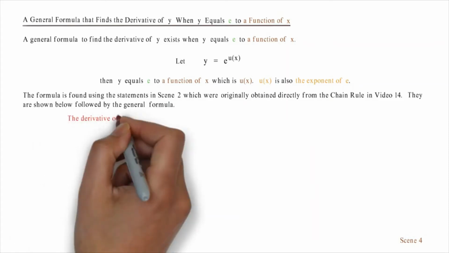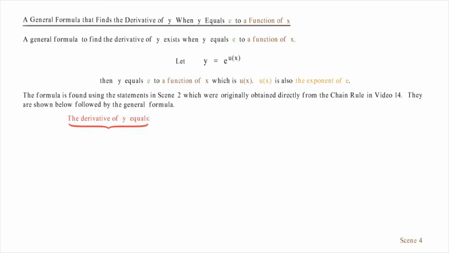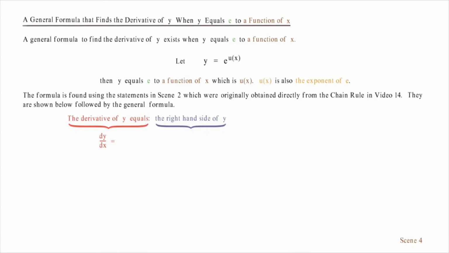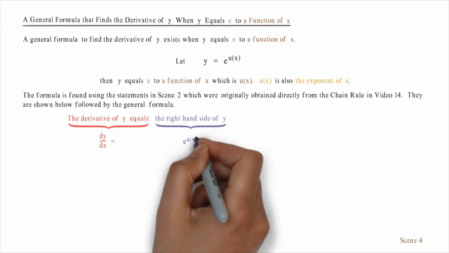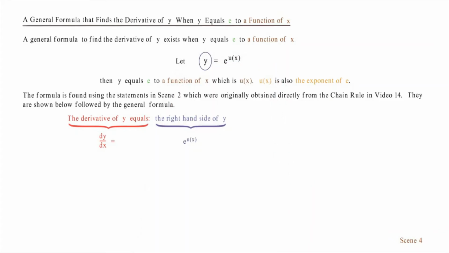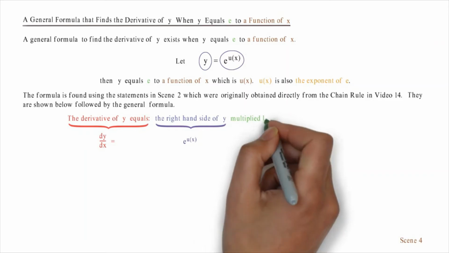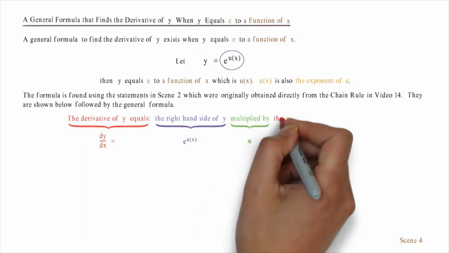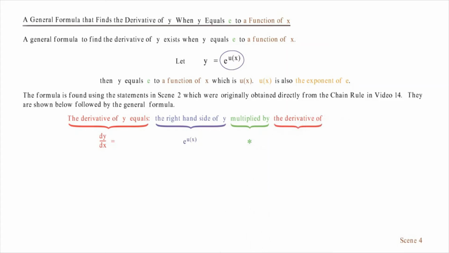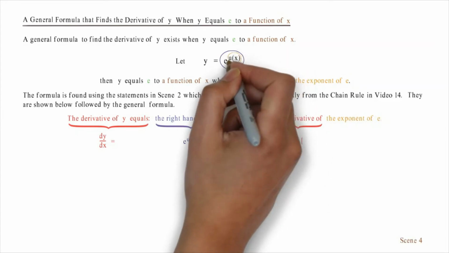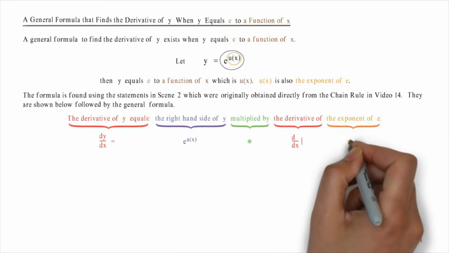The derivative of y, dy by dx, equals the right-hand side of y, which is e to the u of x, because y equals e to the u of x, multiplied by, times, the derivative, d by dx, of the exponent of e, which is u of x. So substitute u of x.